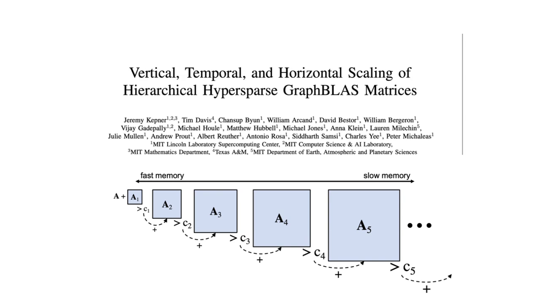So how did we try to tackle this challenge? There are a number of ways, maybe. There's a paper called Vertical, Temporal, and Horizontal Scale of Hierarchical Hypersparse GraphBLAS Matrices. Unfortunately, this idea does not apply here.